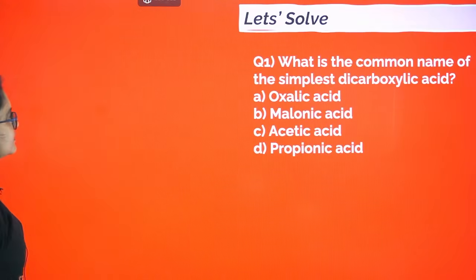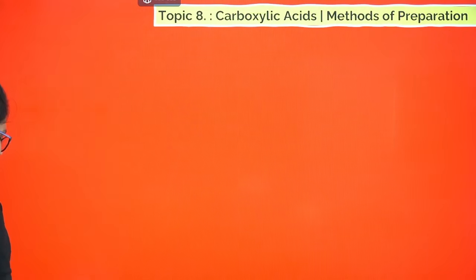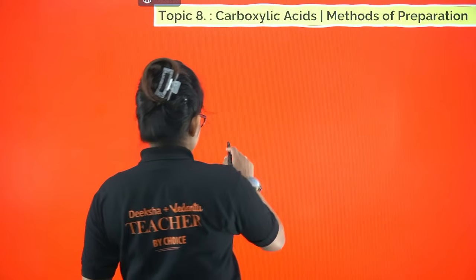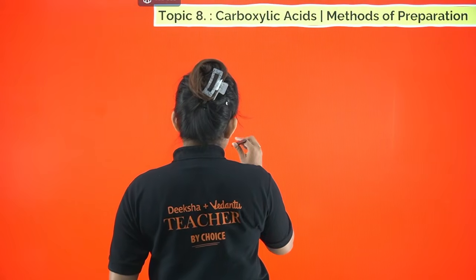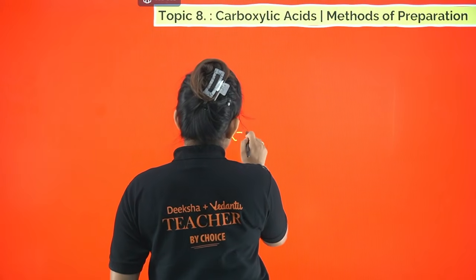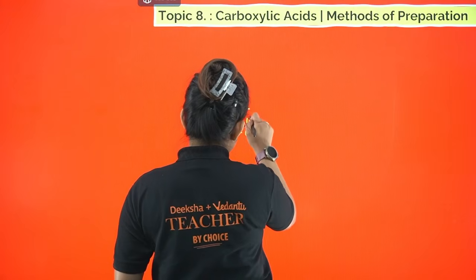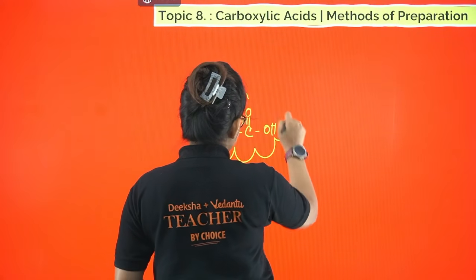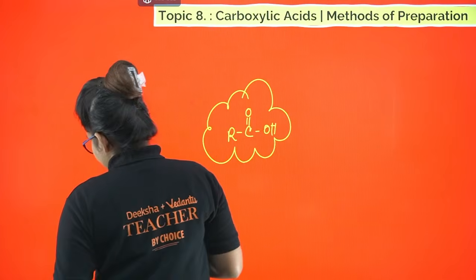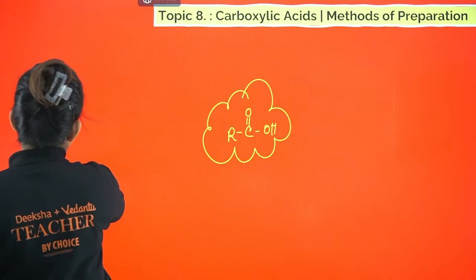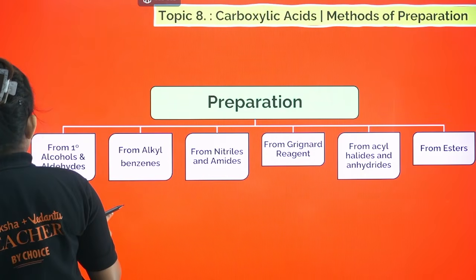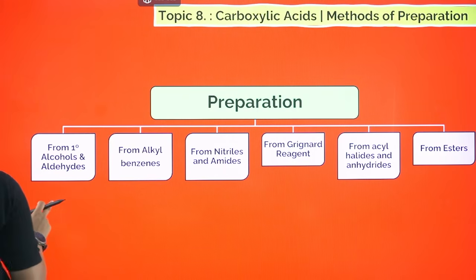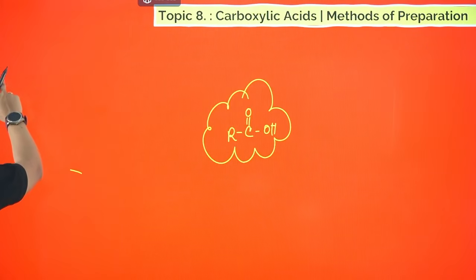Let's proceed with the preparation. So I have to come up to RCOOH. From where should I start? From 1 degree alcohol and aldehyde. Let's start from alcohols.